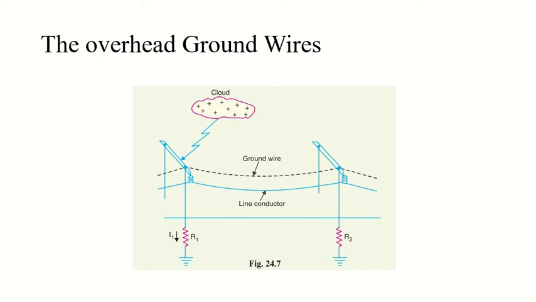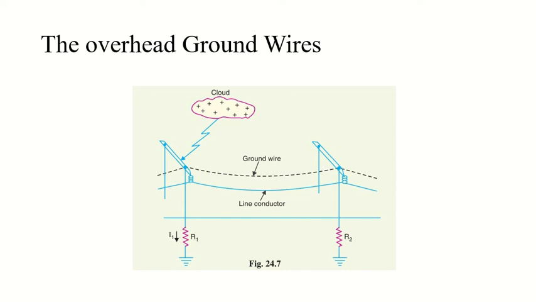But if it exceeds the value which is required to cause the insulation flashover, then the insulator flashover may occur. And because V1 is dependent on the tower footing resistance R1, the value of the resistance must be kept as low as possible to avoid the insulator flashover. So by keeping that value very low, we can avoid the insulation flashover.